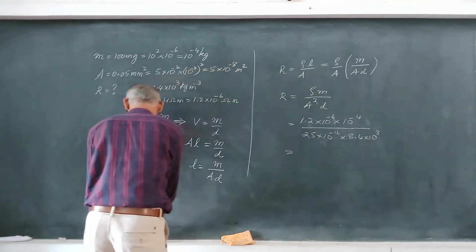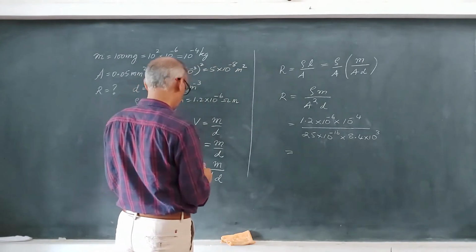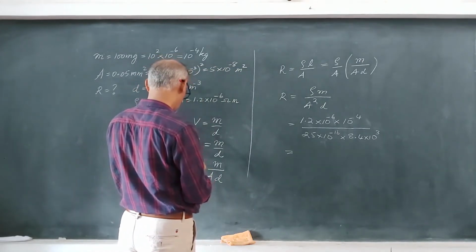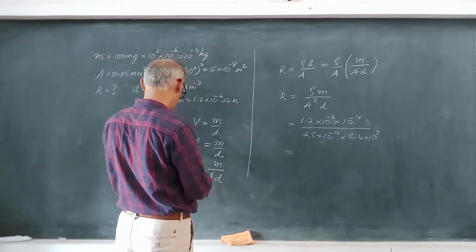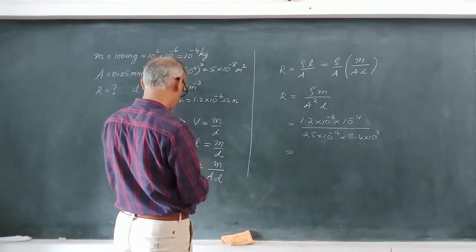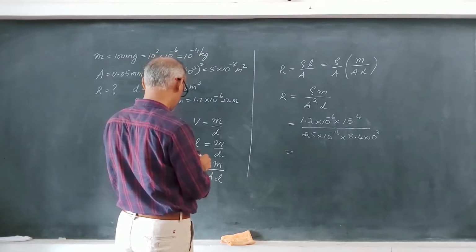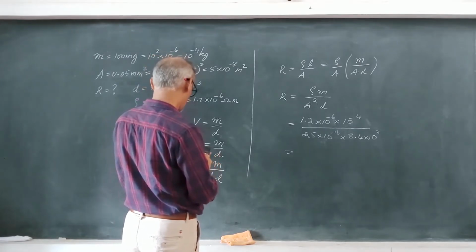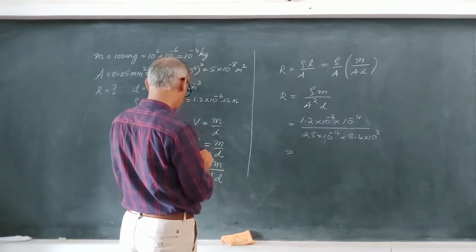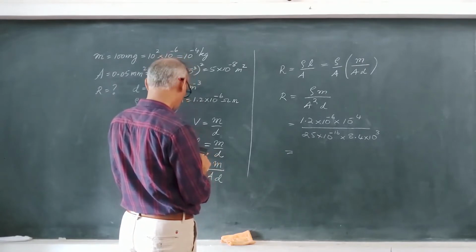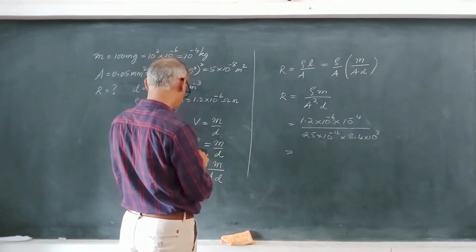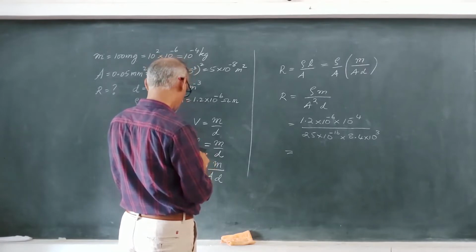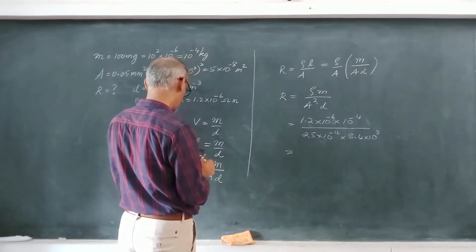So let us simplify the entire calculation first. We have 1.2 into 10 to the power minus 6 into 10 to the power minus 4, divided by 25 into 10 to the power minus 16, then divided by 8.4 into 10 to the power 3.